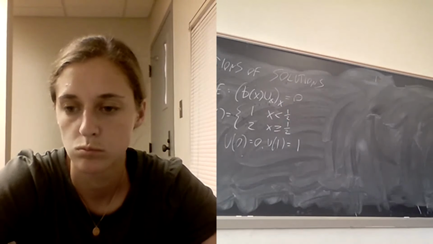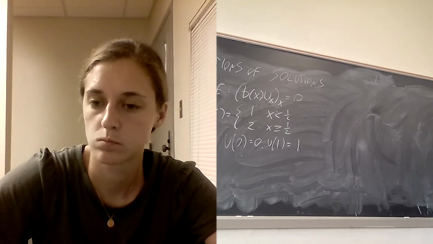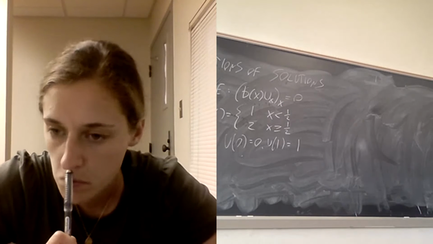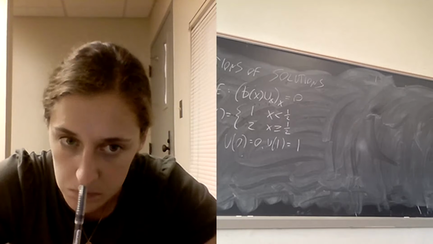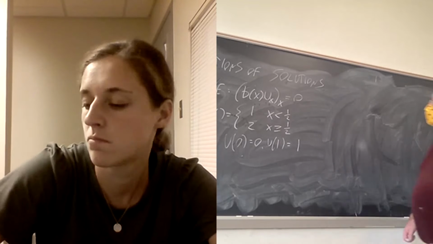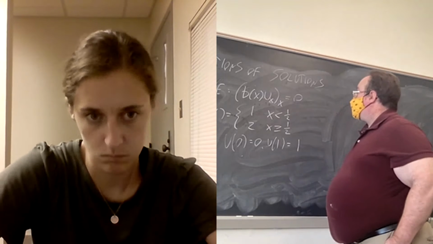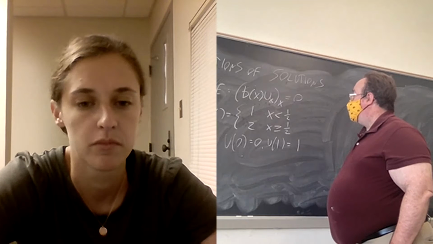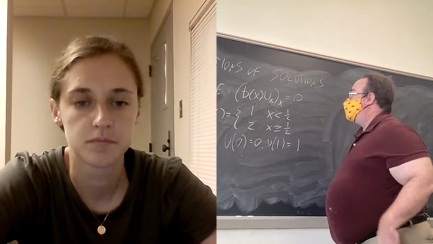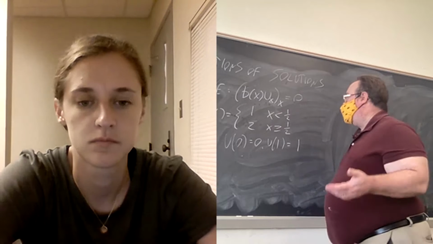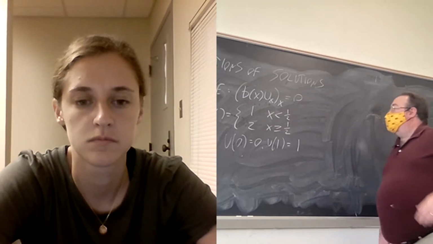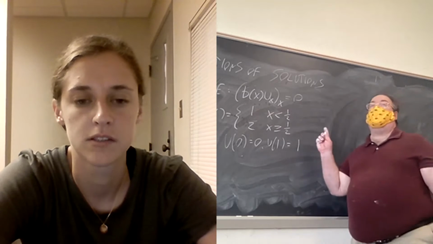Because of the relatively simple nature of this PDE, what you can try to do is solve it by integration. You can substitute b of x for the appropriate piece for x less than 1/2 and greater than 1/2, and then integrate both sides.